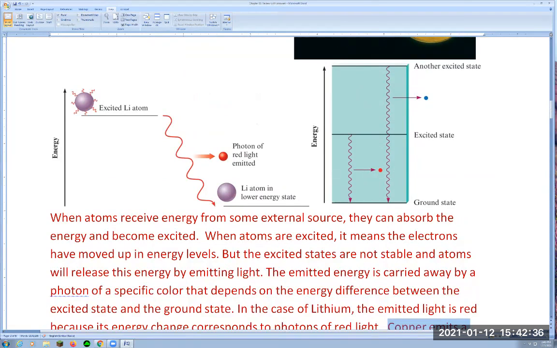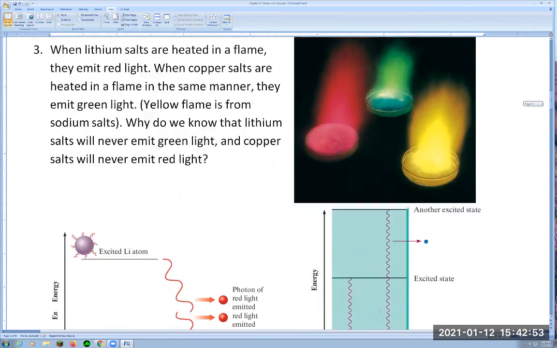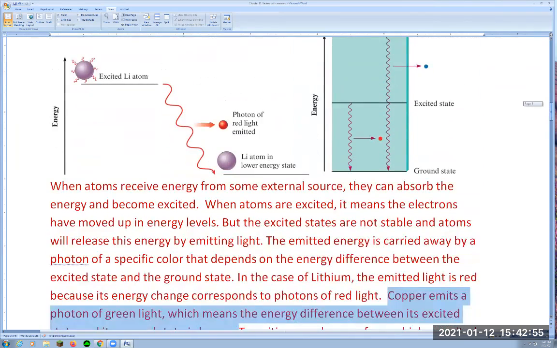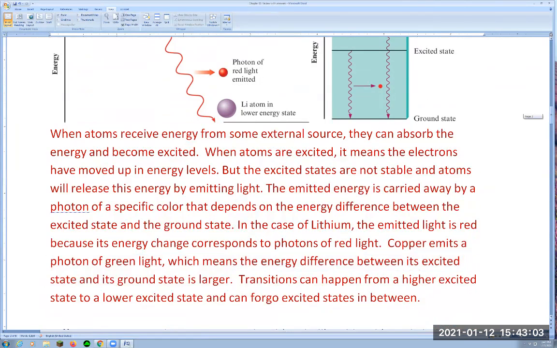That's why they will emit different colors, because they are all different. And that's something we can use to identify metals. Metals are identified by the color they burn in. That's been very useful for chemists. Okay, so that answers question 3.